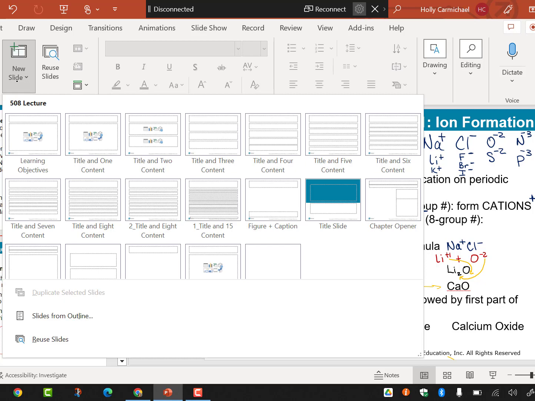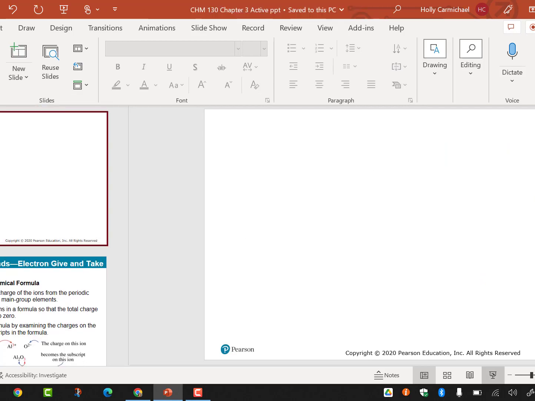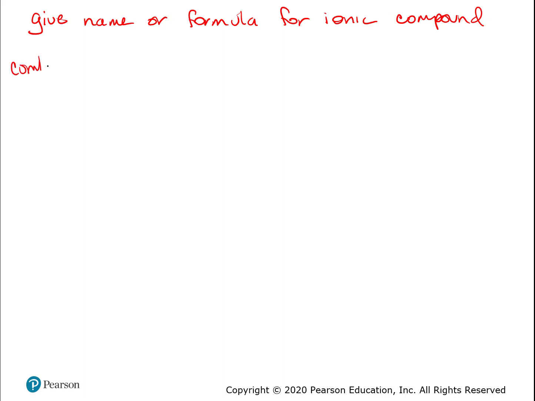So let's have a blank. Okay? In these, give me the name or the formula for these ionic compounds. I want you to combine sodium and bromine.